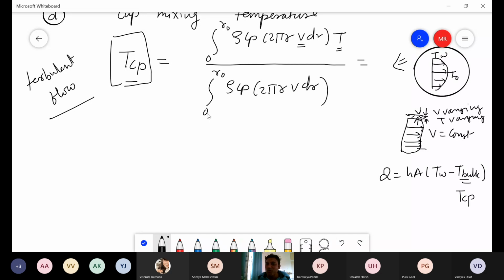Not only with respect to the change in R, but also I am averaging over the change in the velocity. Actually, I should use the variation of rho Cp, and this rho Cp also should be used how it varies with respect to temperature. But anyway we are assuming that it is constant. Otherwise, I would have used the variation of this factor also here.